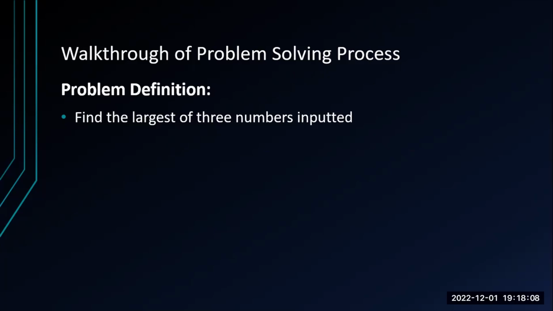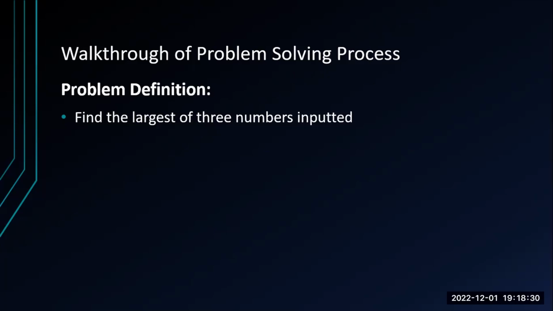So when you have the problem that you're trying to solve, the next thing you should do is try to see what your inputs, your outputs, and the processing that will take you from the inputs to those outputs would be required based on the problem.